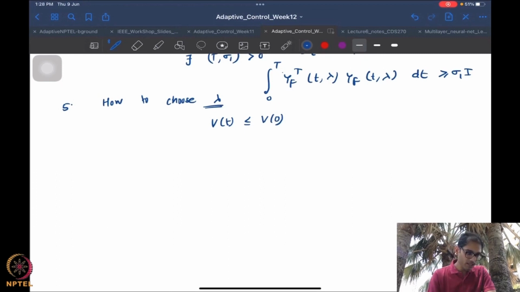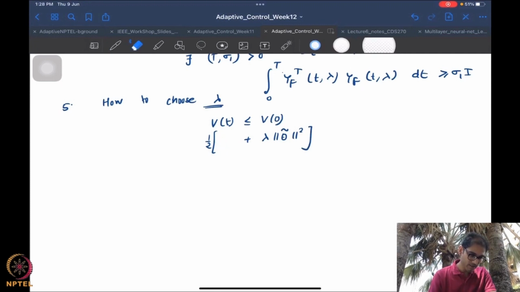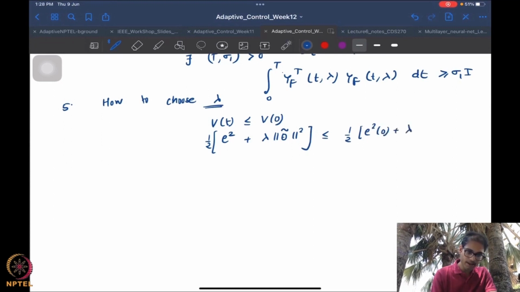Which means that you have half norm E squared plus lambda norm theta tilde squared, where in this case E is just a scalar, so I'm going to just say E squared, is less than or equal to half E squared at 0 plus lambda theta tilde squared at 0.